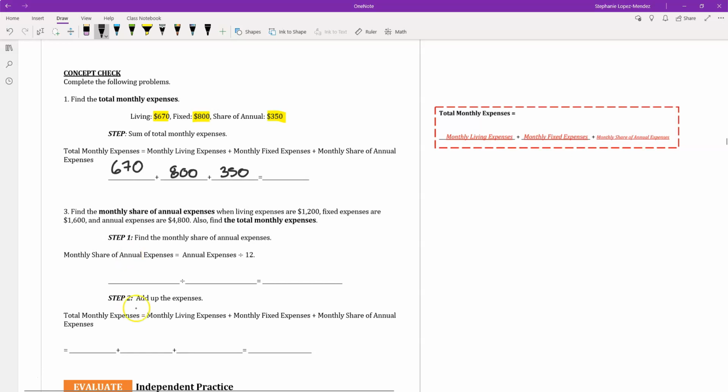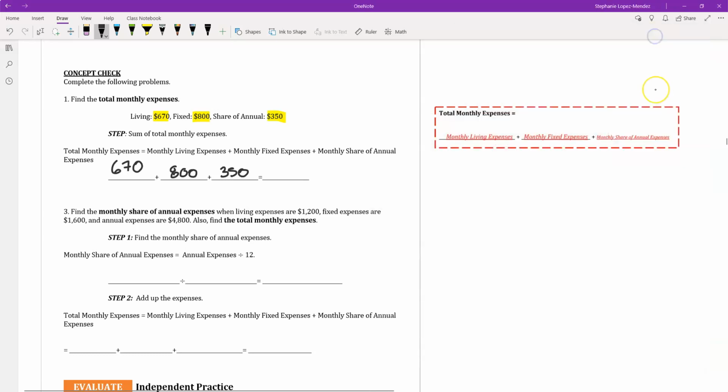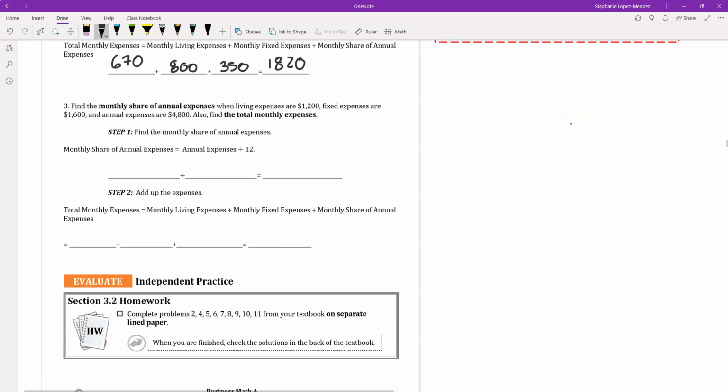So when we go ahead and add all of the amounts, we're going to have $670 plus $800 plus $350. We have now a total of $1,820. That is our answer right there.